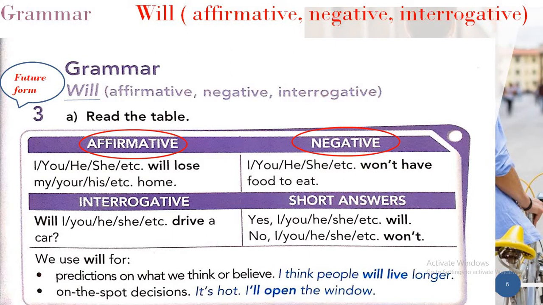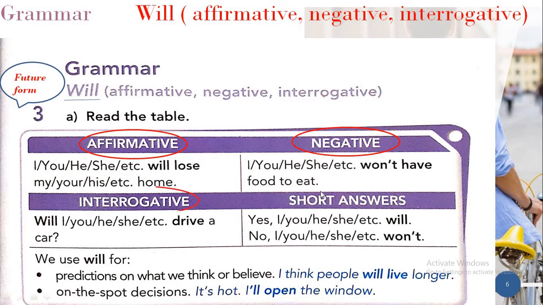This is the form of a future. For negative, for example, he won't have food to eat, or I won't have food to eat. So the affirmative form is will, the negative form is won't.